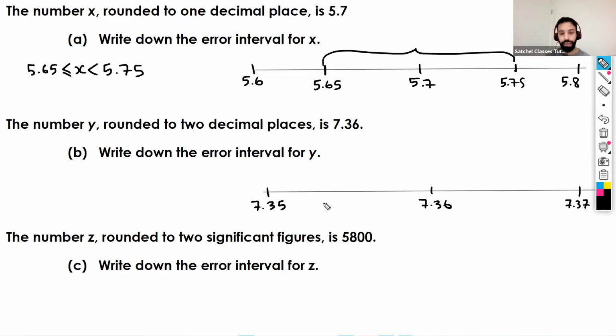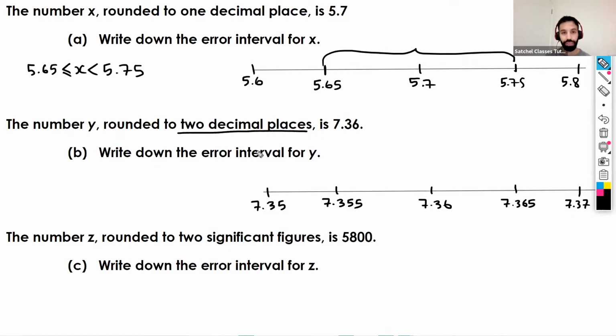So once again, to find my lower and upper bound, I need this midpoint here. So this is going to be 7.355, and this is going to be 7.365.